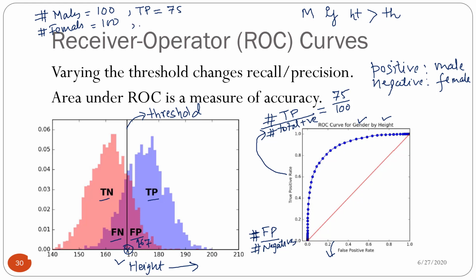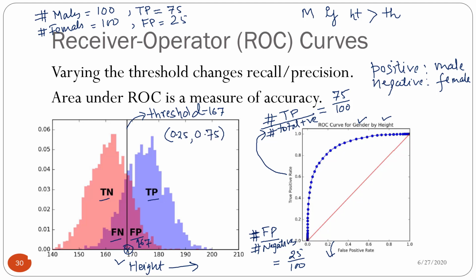To make it simple, let me say that in this case the false positive count is 25. So by mistake, out of 100 females that I had, I am classifying 25 of those as males. So my false positive rate would be 25 divided by 100. So for this threshold value of 167, I have the false positive rate, which is my x, as 0.25 and y as 0.75.